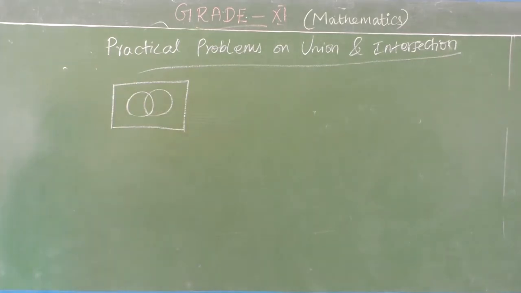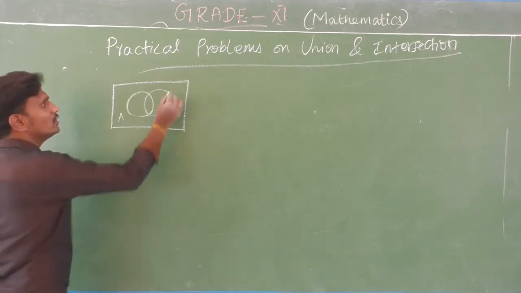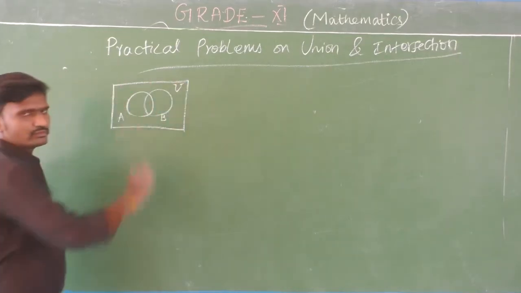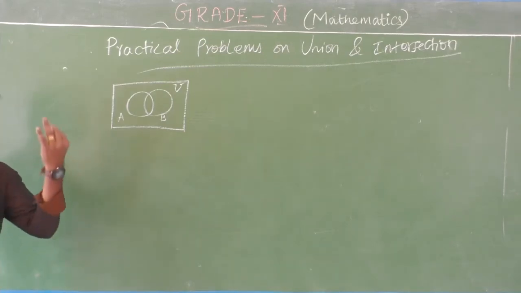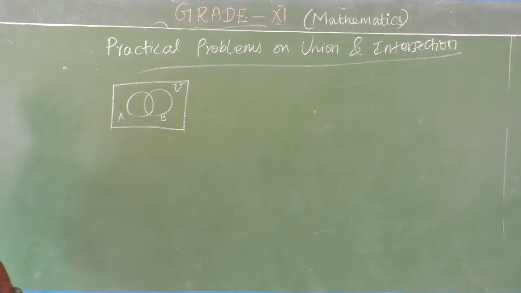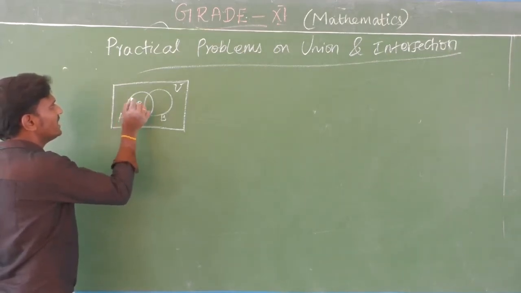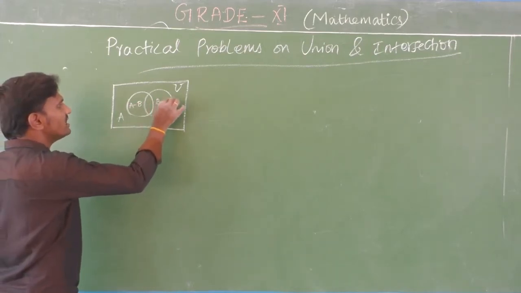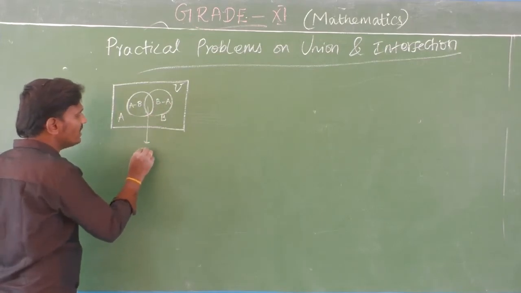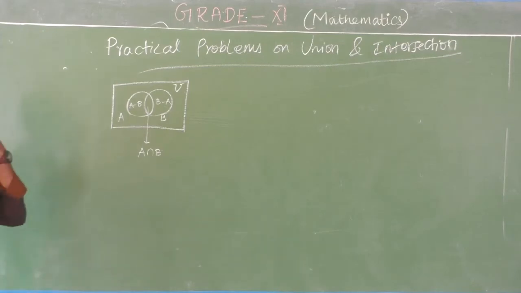So this is the set A and this is B. So this one is the universal set U. Already we drew some diagrams: A union B, A intersection B, A minus B, B minus A. So here, this is the place for A minus B and this is the place for B minus A. Then finally this is the middle place for A intersection B. Okay. Now A union B.